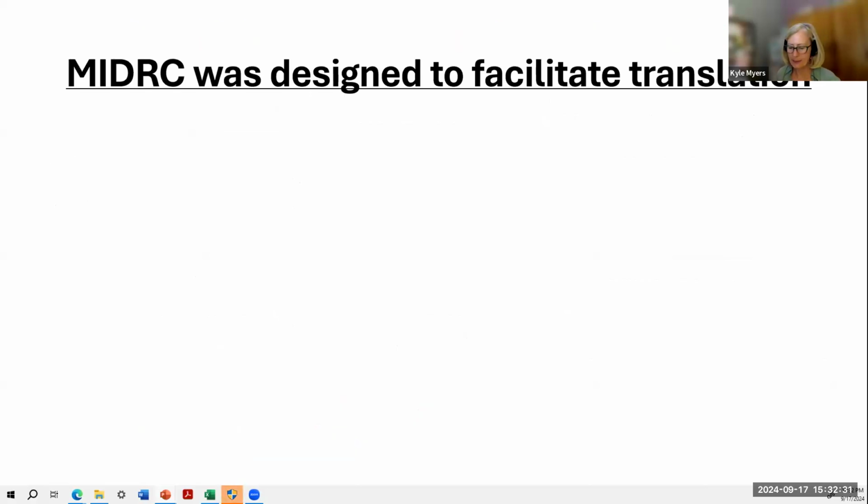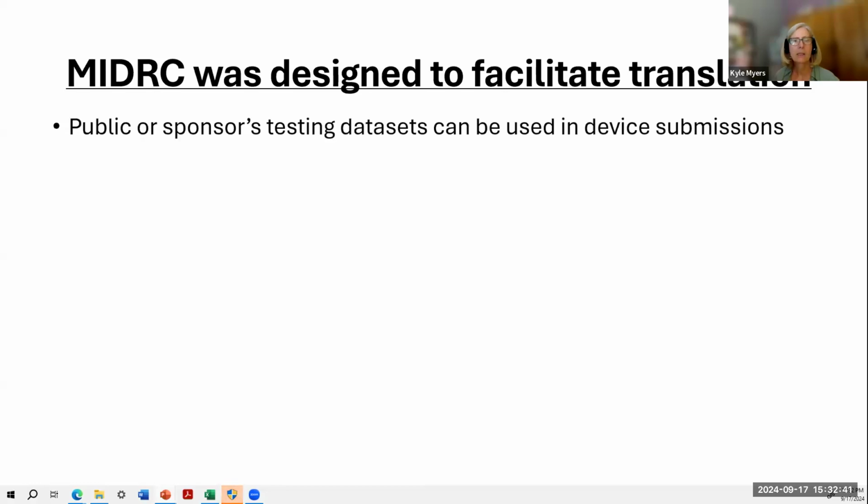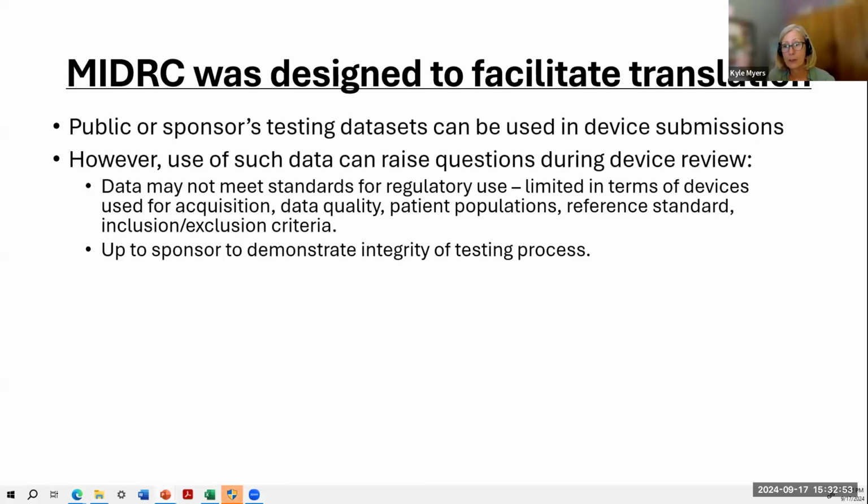MIDRC was designed to facilitate translation. From the beginning of establishing the data pipeline and pulling data into the sequestered commons, it was our intention to envision a world in which we would have the resources to do this. And we understand that public data sets, as well as sponsors' internal testing data sets, can be and are used all the time in device submissions.